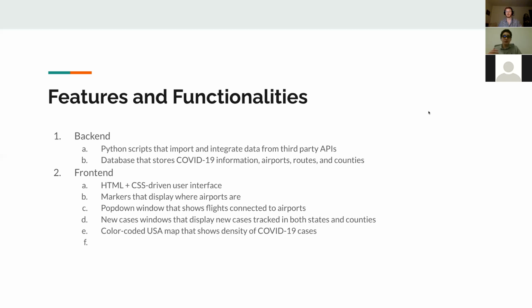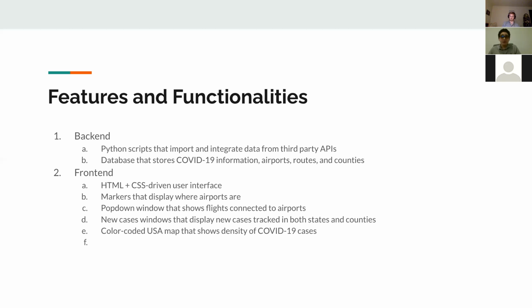Moving on to those features and functionality, we'll start with the backend. As I mentioned before, the backend is composed entirely of Python scripts, which call these third-party REST APIs and integrate that data into updates and inserts that are sent into our database. On the front end, we take this information from the database and put it to use in a way a user can understand.